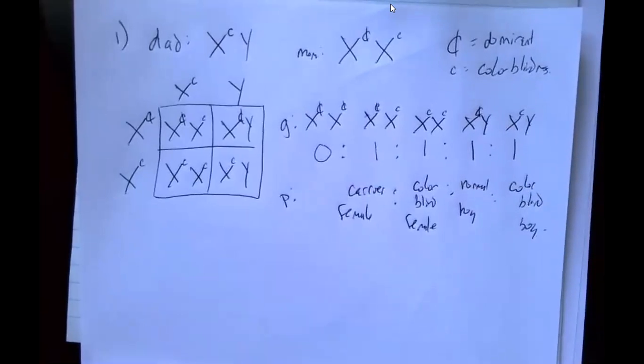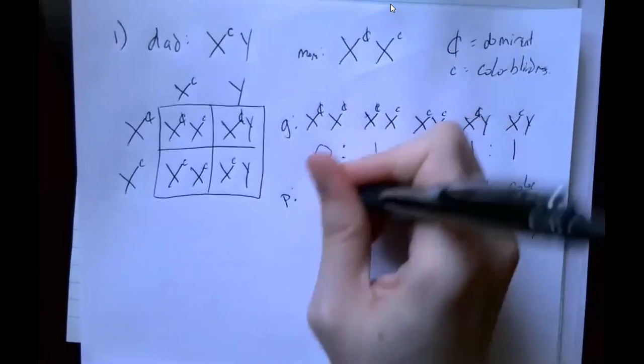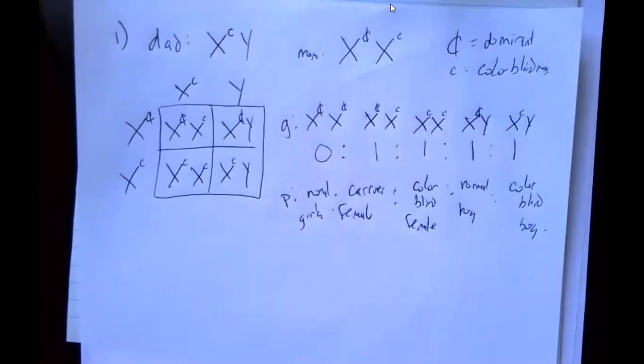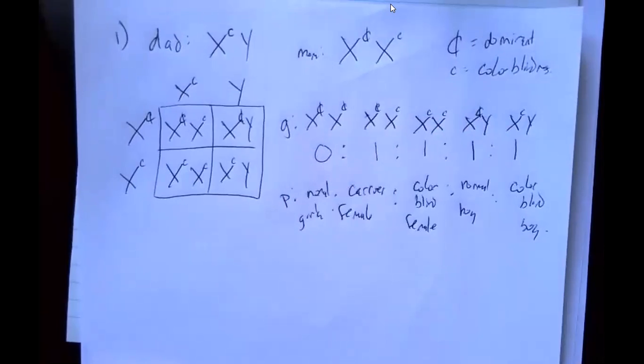Those are our 4 different phenotypes that have shown up, we have no totally normal girls. Okay, so try the second one on your own and then come back for the answer.